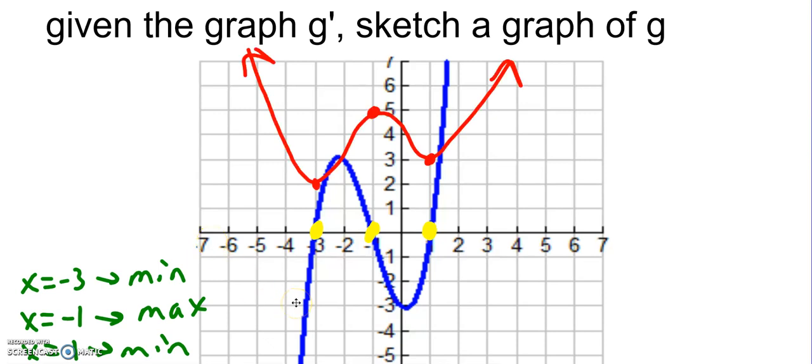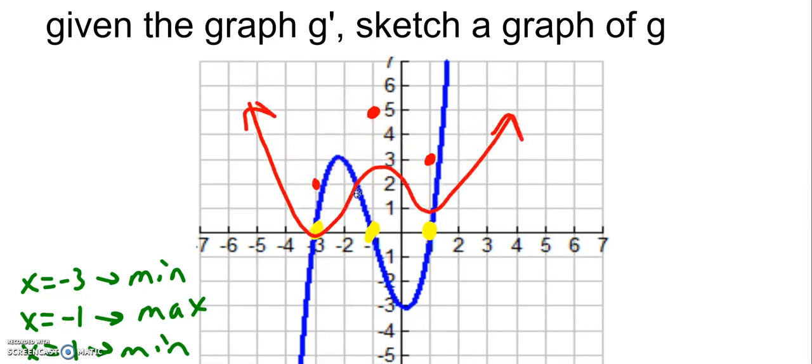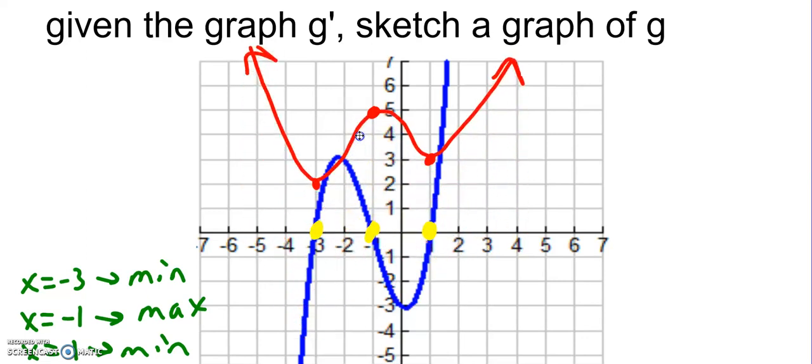All right, so anyone have an idea on where I came up with this? Okay, guess not. I guess I'll just do the talking this time then. All right, so this is my graph of g. Remember, it doesn't have to be that. It could be some vertical translation of this. These points, I don't know exactly how high or low they are. That doesn't matter.